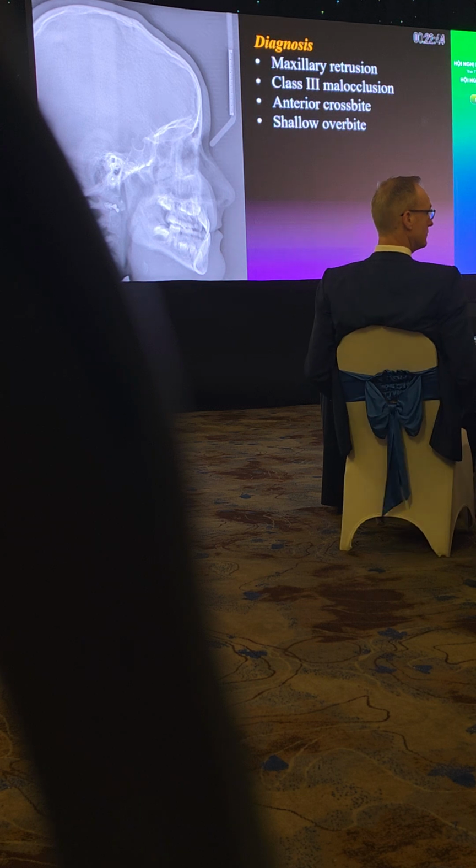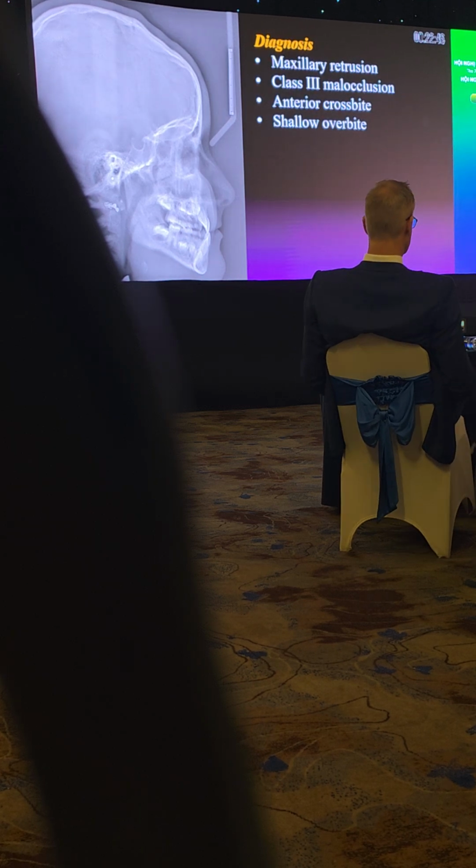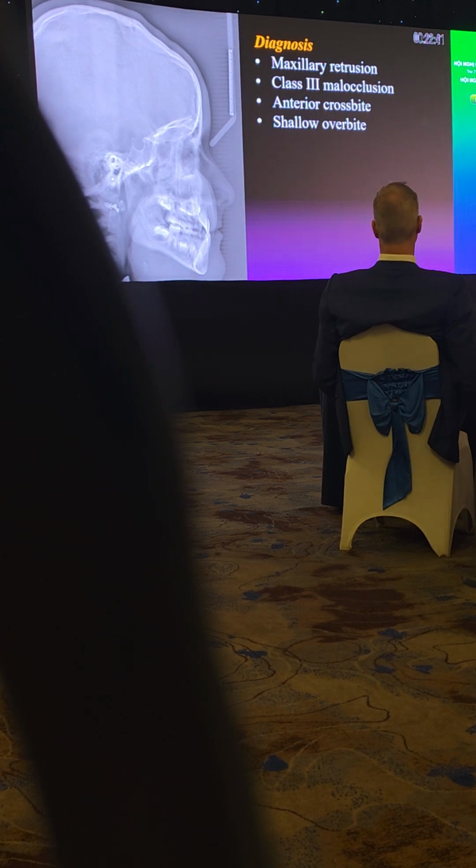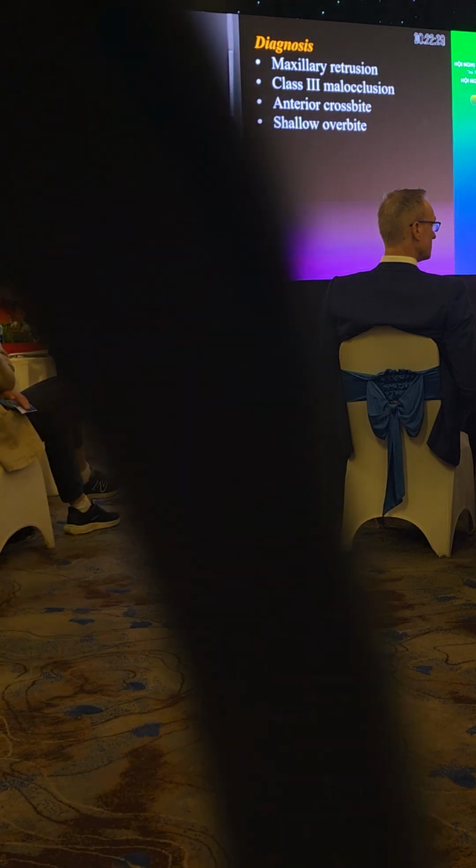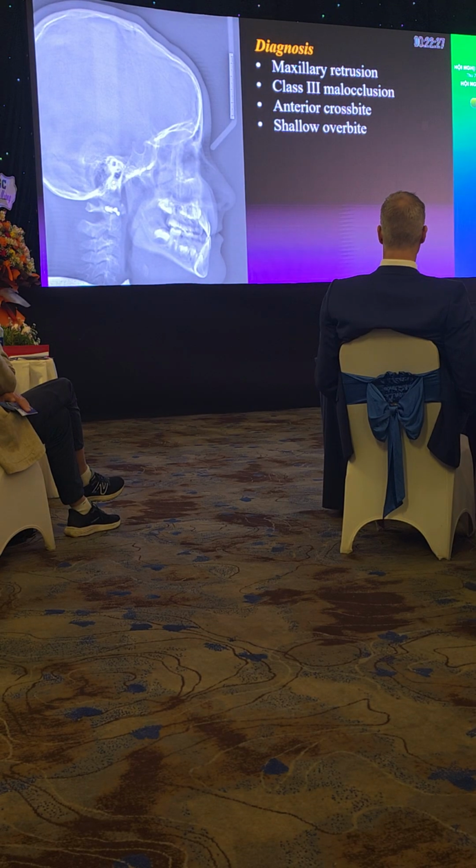No. So she just wants a bite plane and to tip the upper incisors forward, right? You can do that. Anybody who wants to use aligners to treat this case, raise your hand.